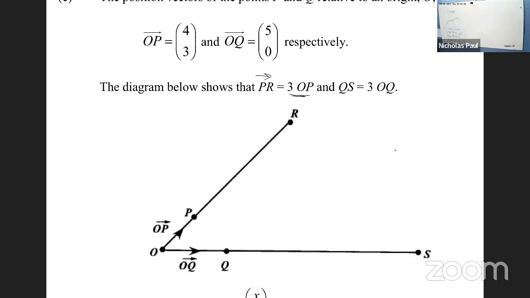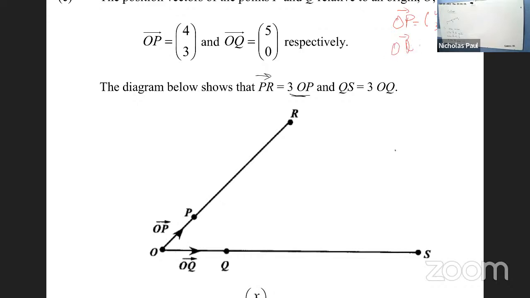Okay. Now we have that, right? So we know that OP is 4-3.